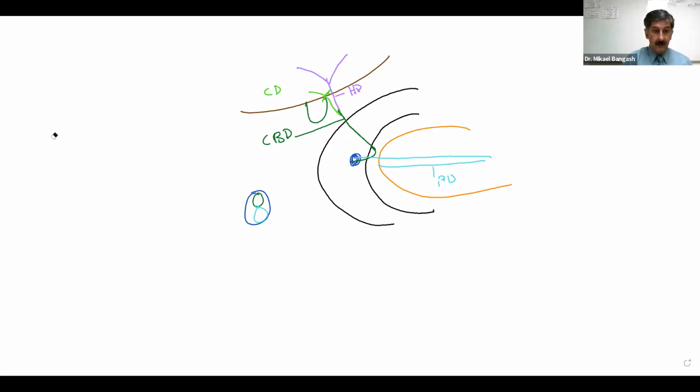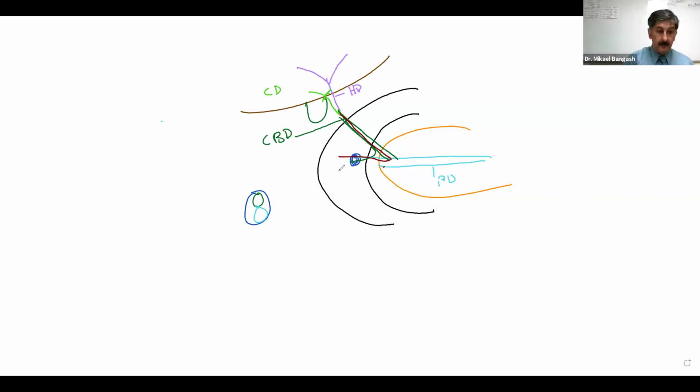In some patients, you may see that the common bile duct meets with the pancreatic duct, and the secretions from this, along with the secretions from the pancreatic duct, will both be released into the duodenum through the sphincter of Oddi.